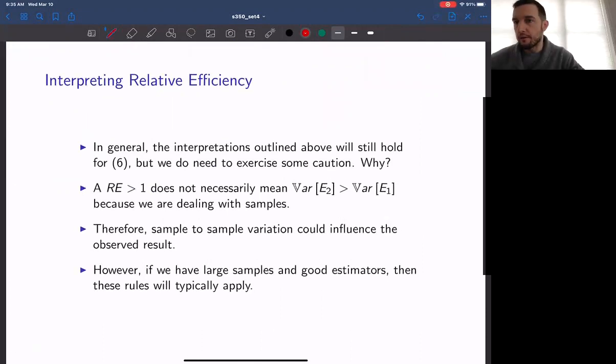Now, there are a few other considerations to take into account when we're using the relative efficiency. For example, an RE greater than 1 does not necessarily mean that the true variance of the estimator for E2 is larger than the true variance for E1. As we know in many practical applications, if the majority of the sample we collect comes from the tail of the distribution that we are studying, we can reach an incorrect result in the context of hypothesis testing.